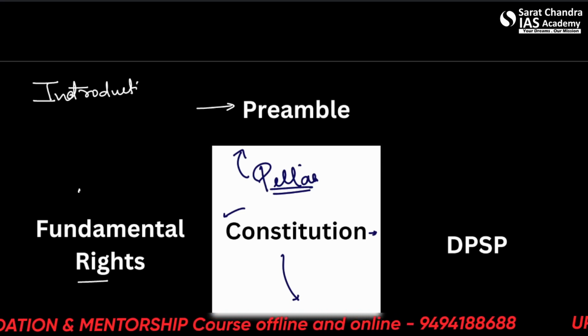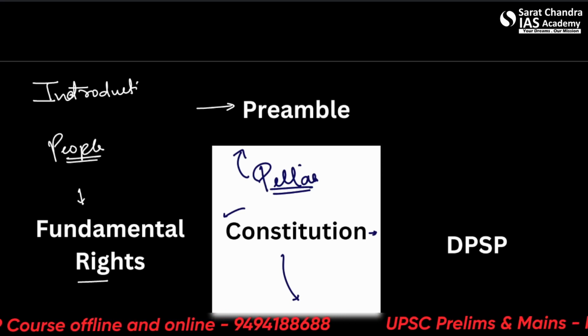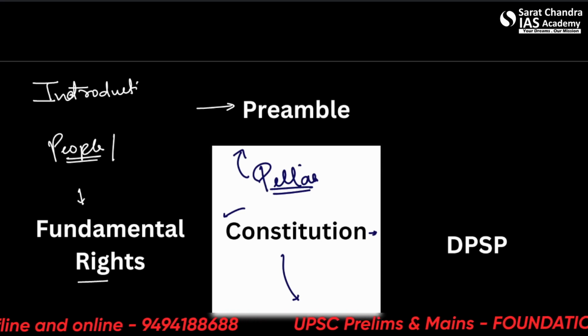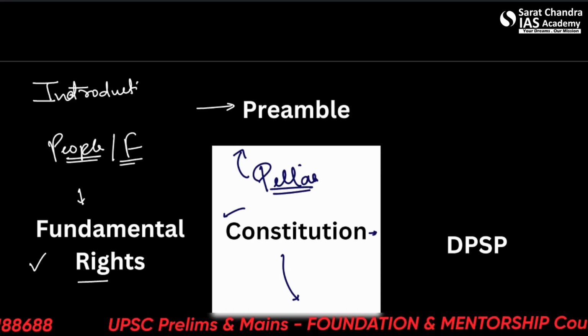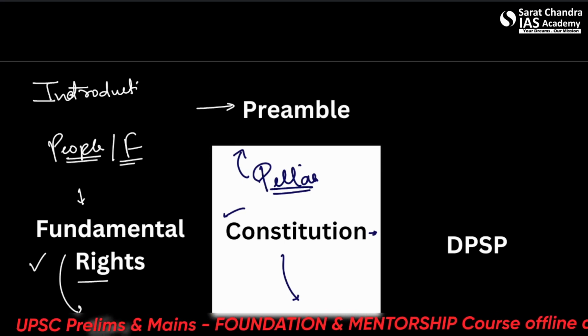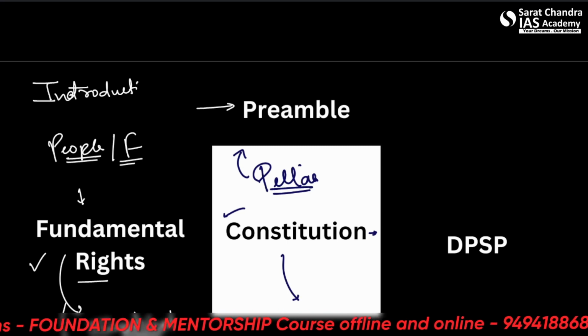The fundamental rights tell us what rights the people, the citizens or the foreigners, have in India, what their nature is, when they can be snatched, and how they can be snatched.